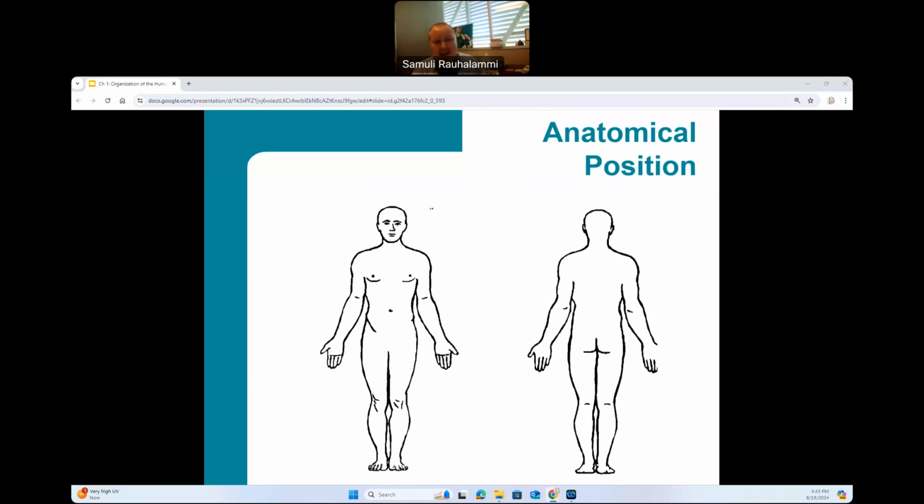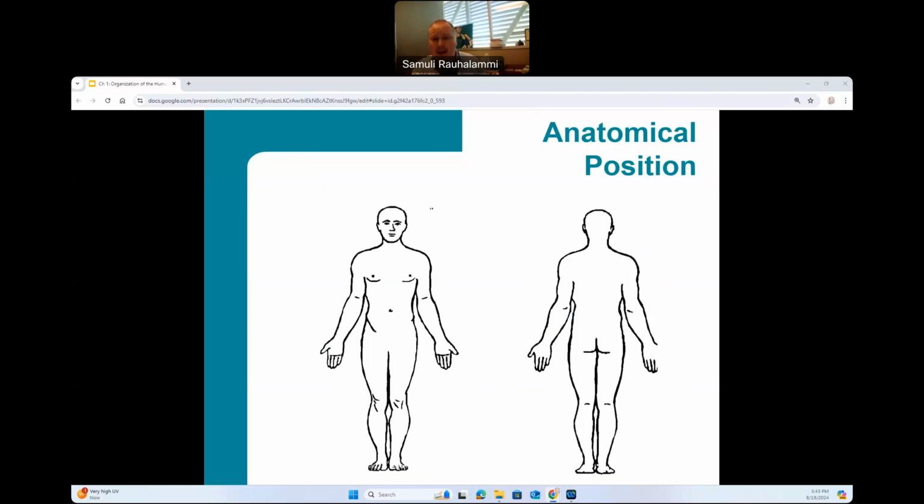Sometimes in forensic settings, I've seen, unfortunately, human remains that have been partially dislodged, or body parts are not still together, or they might be in weird, unnatural positions. So when we're doing descriptions, we always assume that the patient would be in this position. That gives us a standard so that we all know what we're talking about, regardless of the reality. So it provides us consistency and ease of describing.